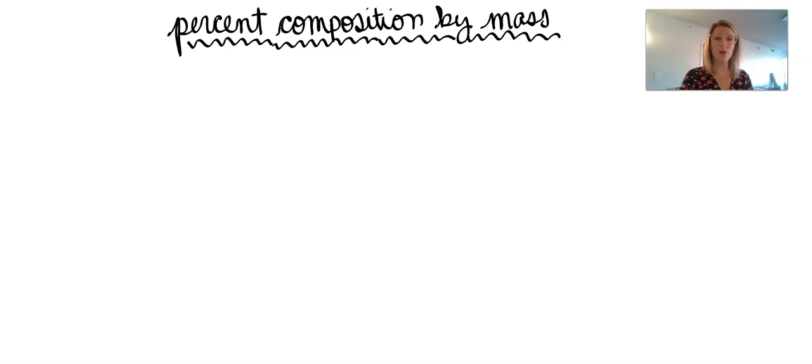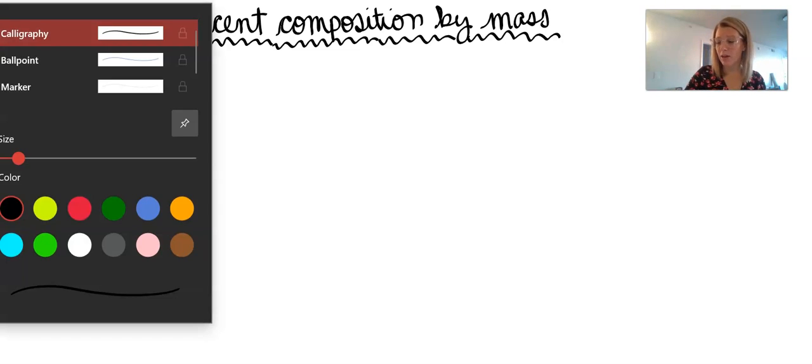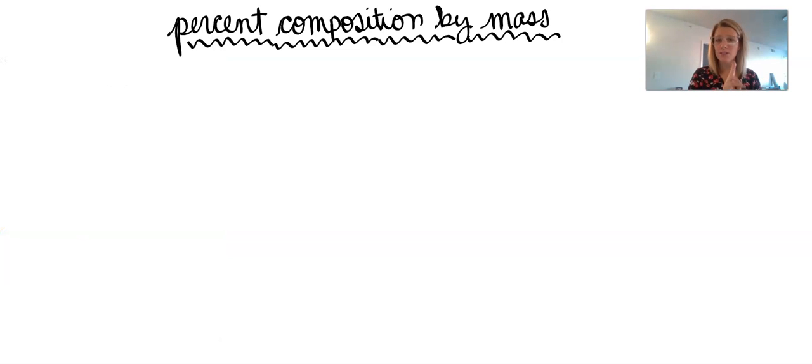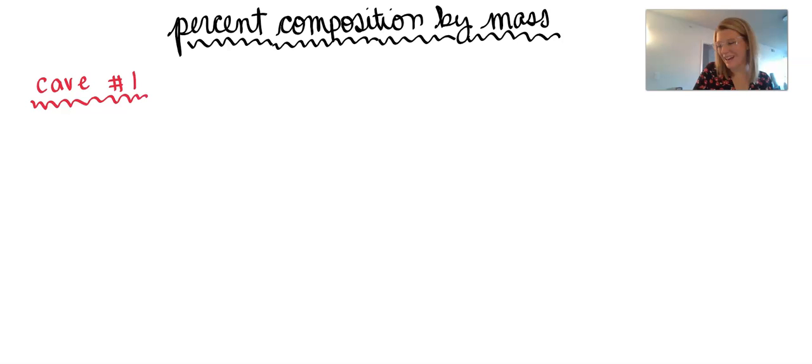If you're following along on the notes sheet, this does start you off, but if you're not following along on my guided notes sheets, there are going to be two options for our caves. Okay, we have cave number 1, and in cave number 1, we find that the compound is gold 3 chloride.